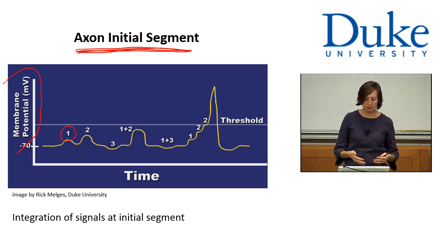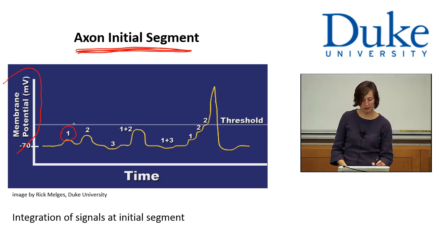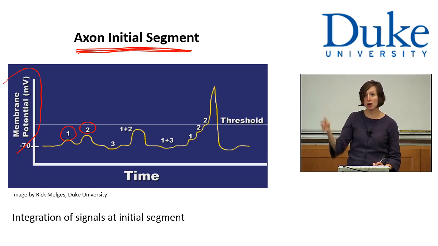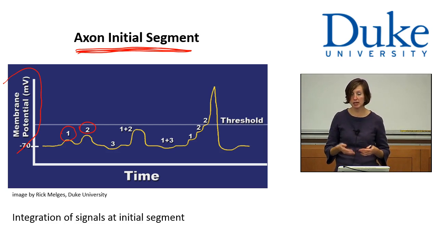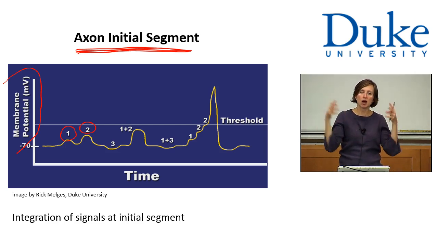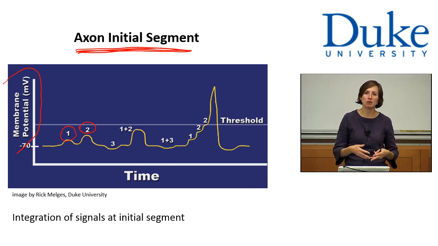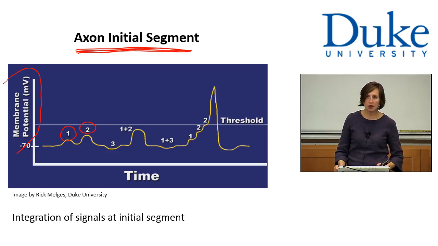neuron. Synapse 2, when it fires, in this case causes an even larger stimulus. So maybe it's closer to the axon initial segment so that there's more of those positive charges that come in when those sodium channels open, reaches the initial segment to make a larger depolarization there.